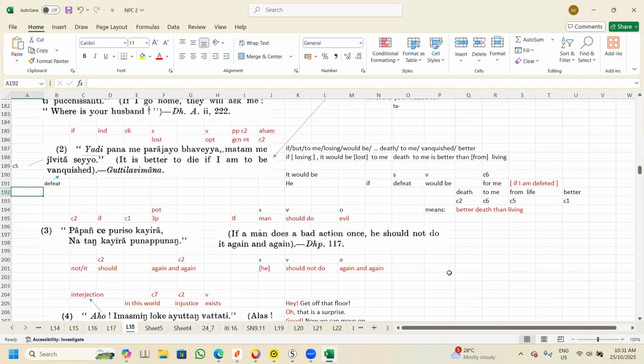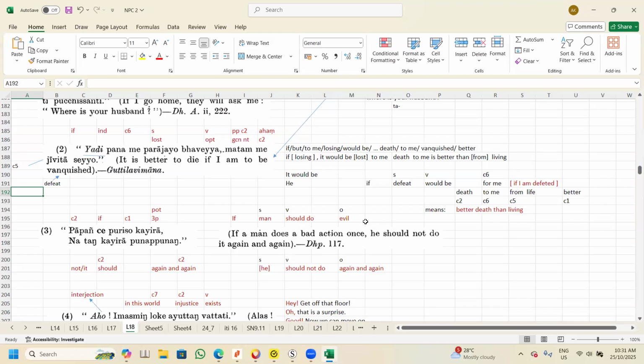All right. So follow structure number one. You can see, that means if. This is if. Man. Can you see the word kaira? Kaira means potential, should do. Okay, subject, verb, object. You see that? Should do what? Papang is evil. If a man should do an evil. We don't care about other people's translation.